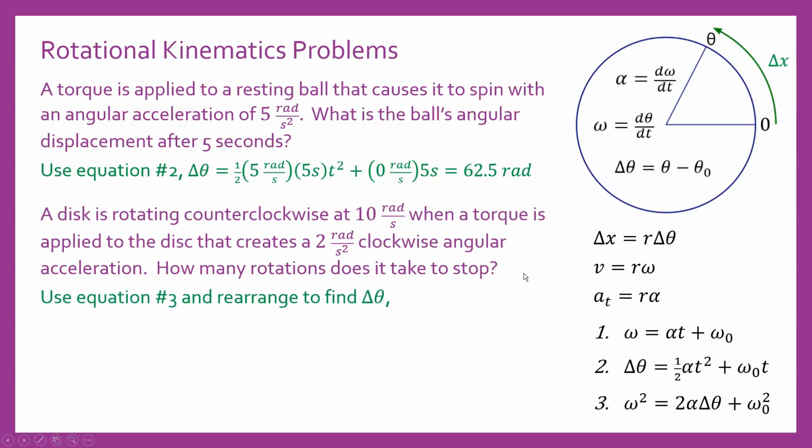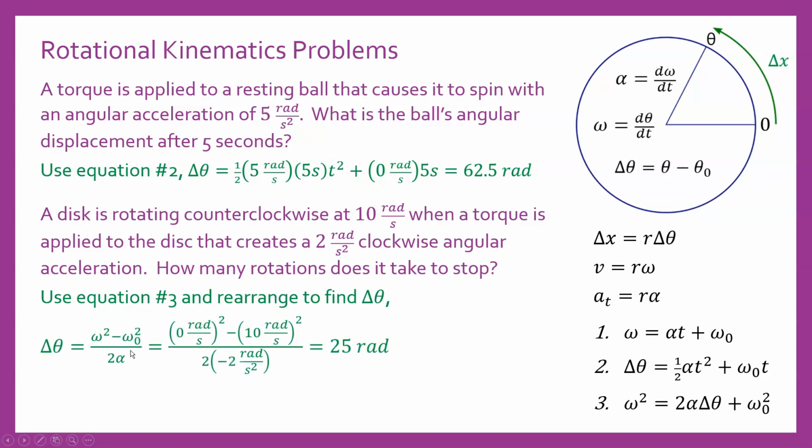If we look at this, we don't know the time, so we can use equation 3. We have to rearrange it to find the angular displacement, delta theta. We plug in our final velocity, our initial velocity, and we divide by 2 times our angular acceleration, remembering that the angular acceleration is in the negative direction, and that leaves us with 25 radians.